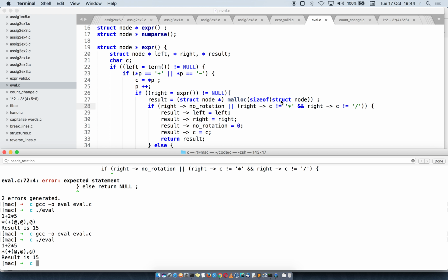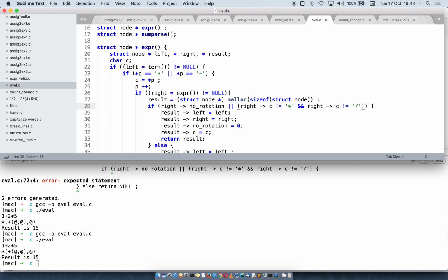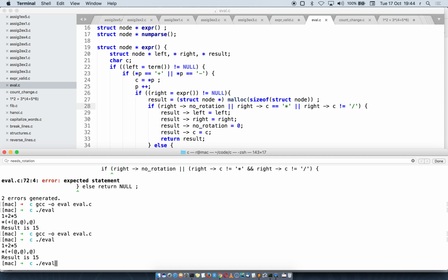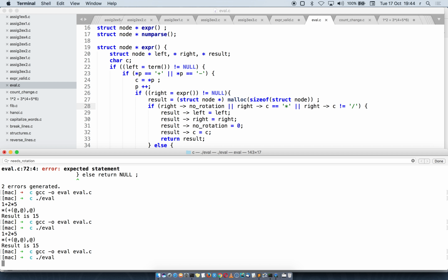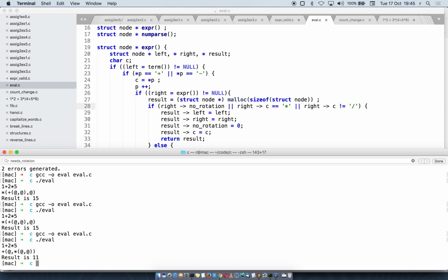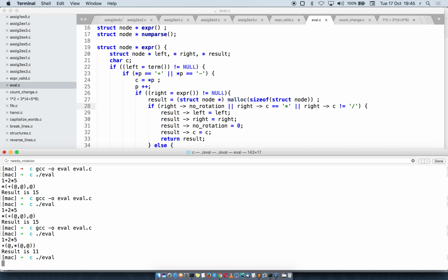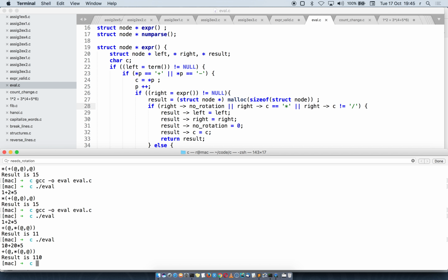And then it's not different, it's equal. Okay, finally. All right, so 10 plus 20 times 5. 110. Yay.